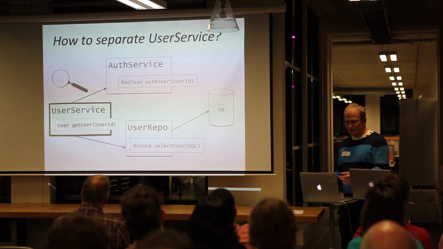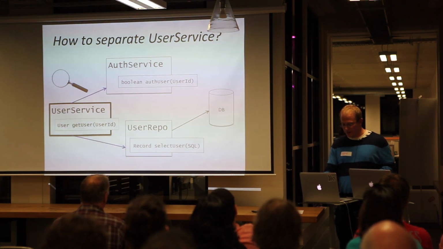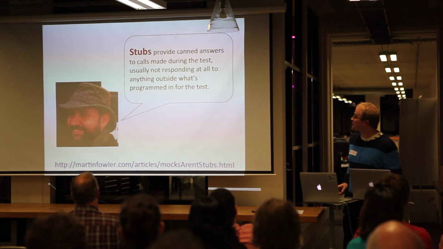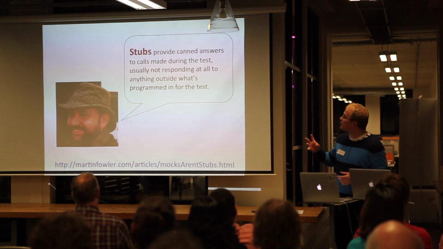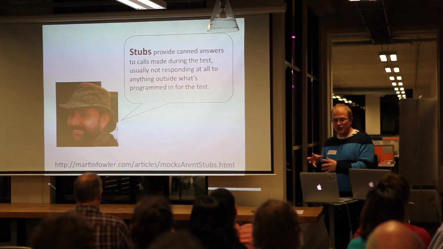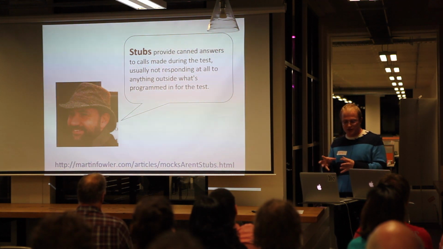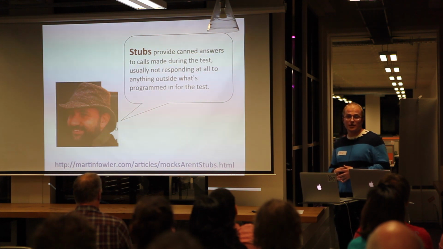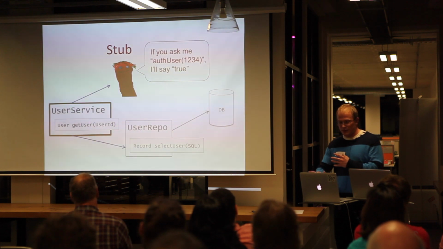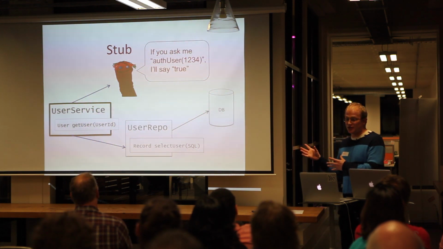So for auth service, we can use a stub. And the great man, Martin Fowler, in this very, very famous blog post, defines stubs as something that provides canned answers to calls made during the test. And usually it doesn't respond to anything outside what's programmed in for the test. So we take away that auth service and we replace it with a sock puppet, essentially.